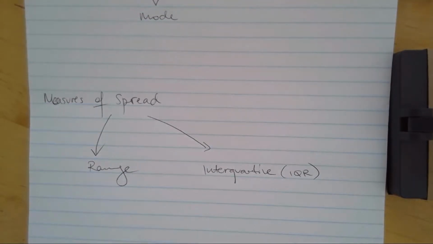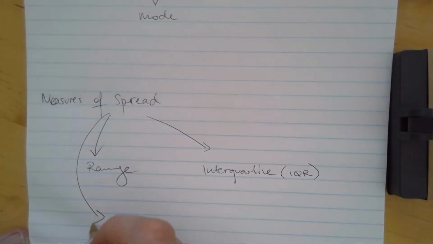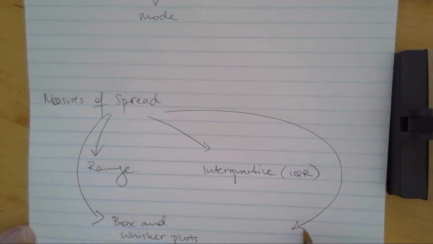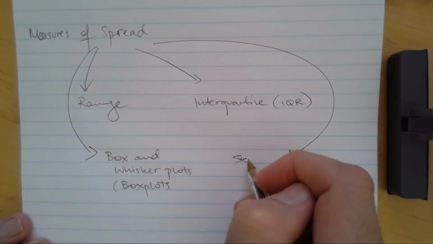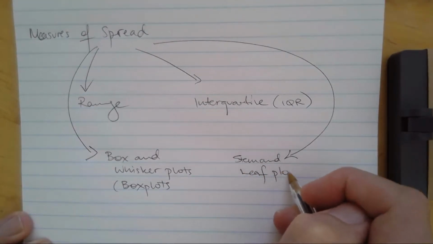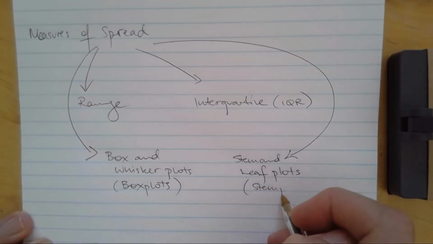We've also looked at graphical ways of showing spread, like box and whisker plots, sometimes known as box plots, and stem and leaf plots as well, also known as stem plots.